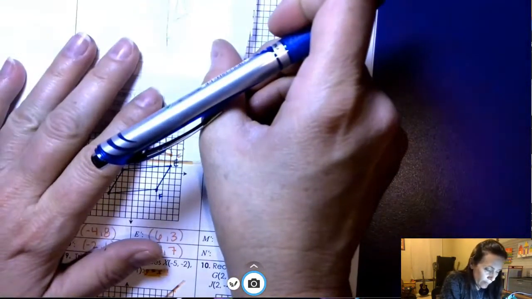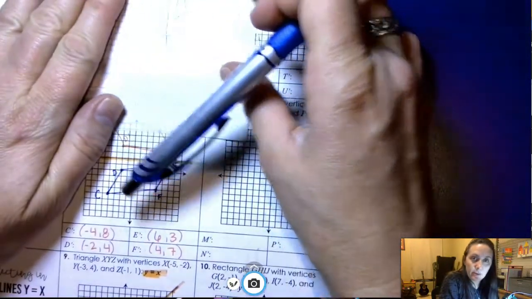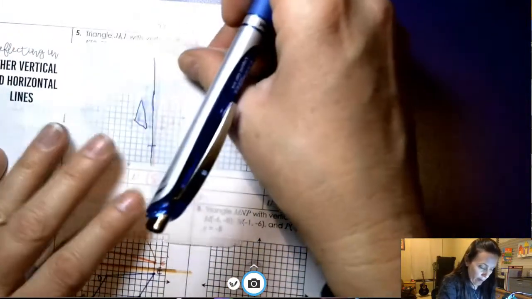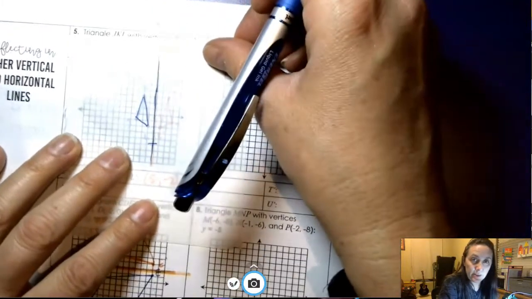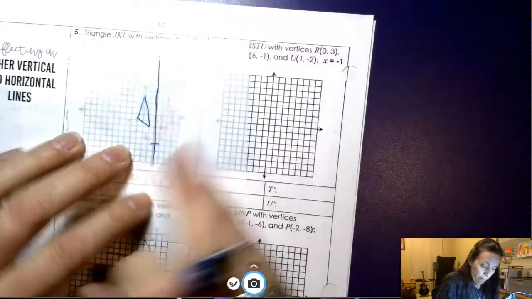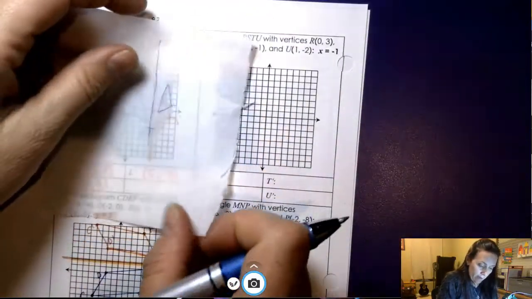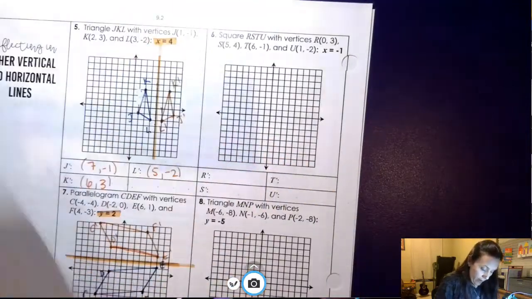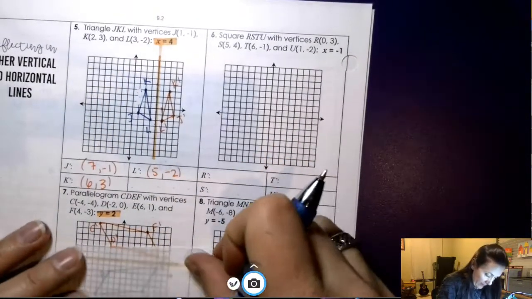Let's say we're reflecting over here. You can see through the paper that it landed. So I started over here, copied it, traced it, and if I reflect over this line, I can see exactly where I end up.